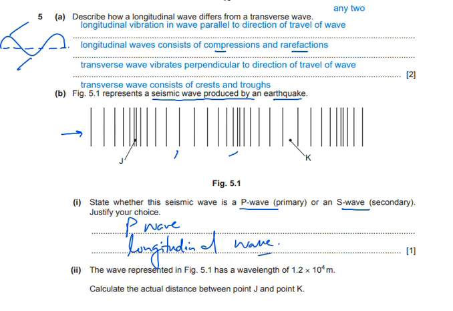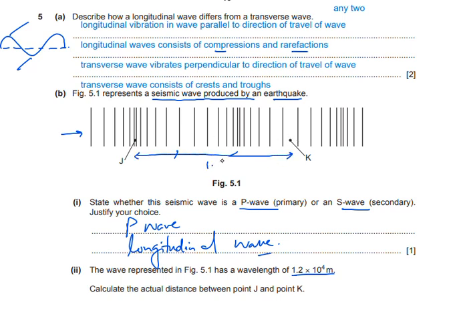The wave represented in the figure has a wavelength of 1.2 × 10^4 meters, the wavelength from here to the next here. Calculate the actual distance between point J and K. So we need to find the distance between these points. What is this distance basically?